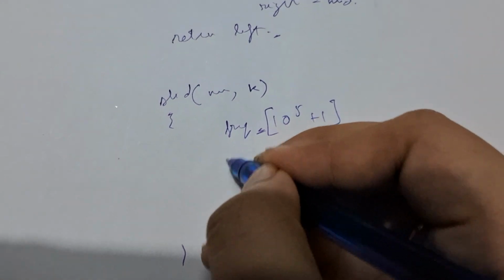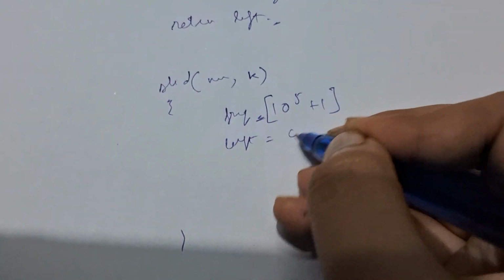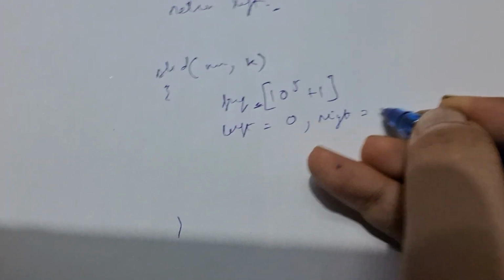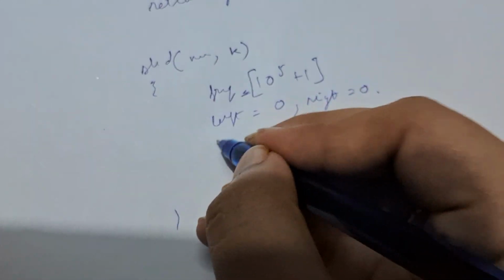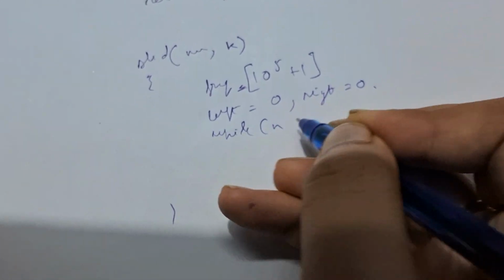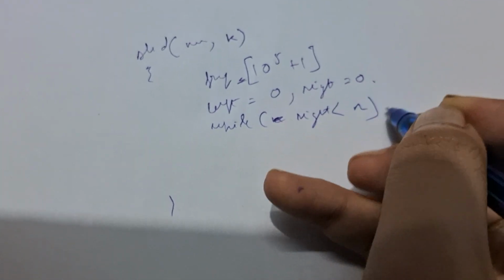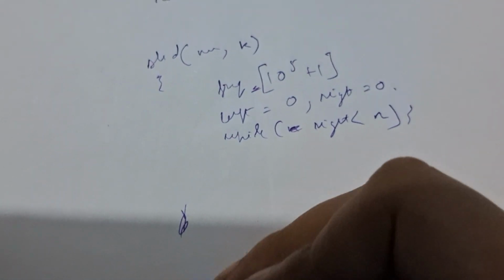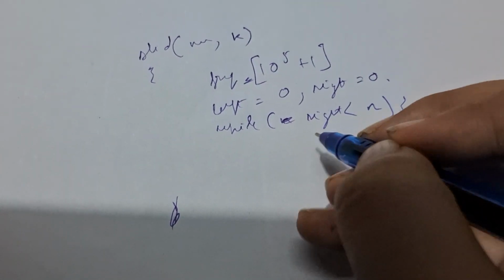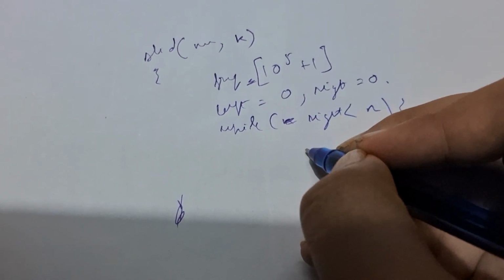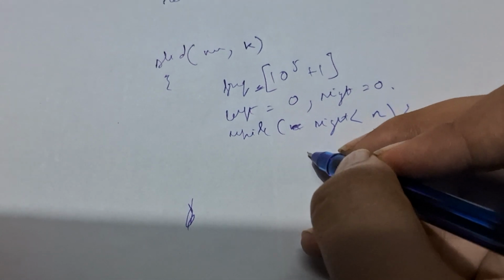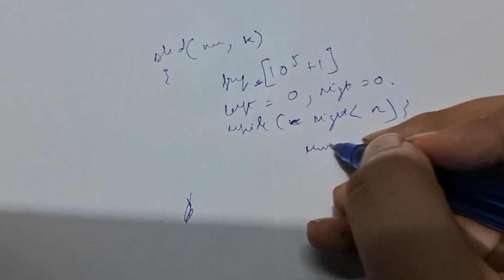And then the sliding window is the same thing: left initialized as 0, right as 0, and while right is less than n, where n is the size of the array nums. Remember, you have to check the number of unique elements.